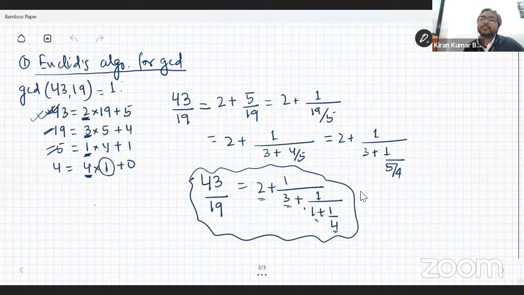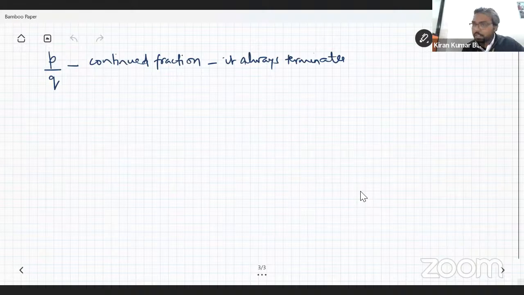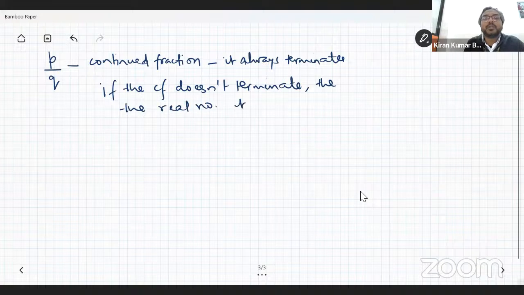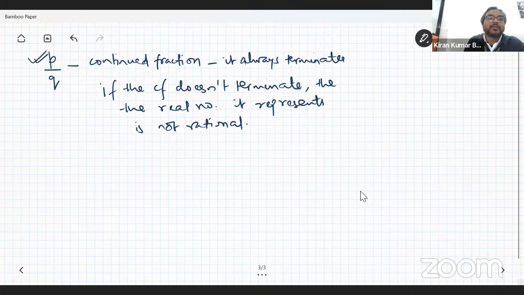So this continued fraction always terminates. And how does it help? If the continued fraction doesn't terminate, then the real number it represents is not rational. This is a contrapositive of this statement. If it is rational, the continued fraction will terminate.